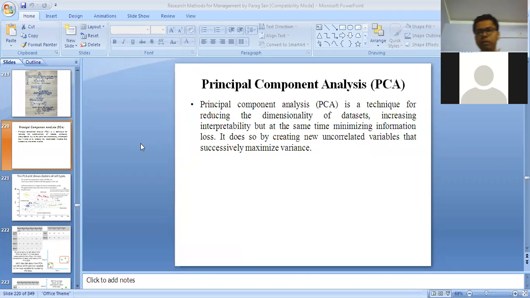So basically, using principal component analysis, suppose you have a huge number of variables and you have several data. Nowadays, in case of real world data, you will find a huge amount of data and also a huge amount of variables.